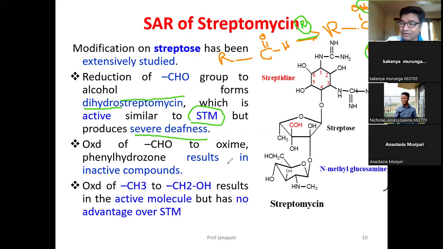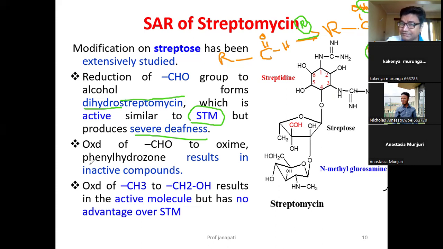Now, you can also convert the same aldehyde group to oximes. I told you many times that aldehydes and ketones, when treated with hydroxylamine, give oximes. We studied this in cephalosporins, even penicillins, and also the anticholinesterase reactivator pralidoxime. The same we are discussing again.